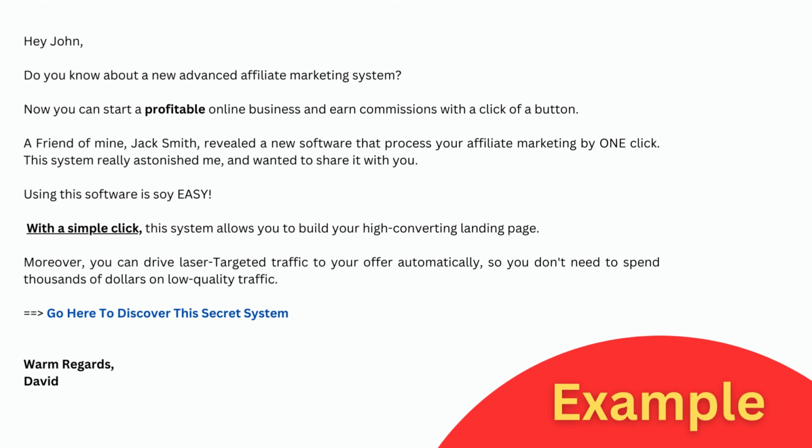It's a little bit bigger sentence. Then we come to the first paragraph: A friend of mine, Jack Smith, revealed a new software that processes your affiliate marketing with one click. This system really astonished me and I wanted to share it with you. So it's again a small paragraph, and then repeat the same criteria.